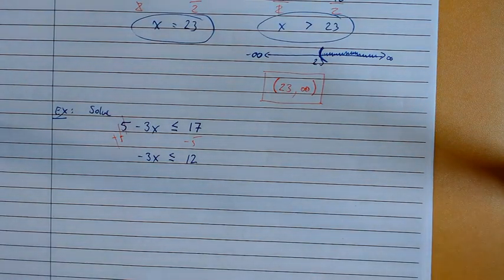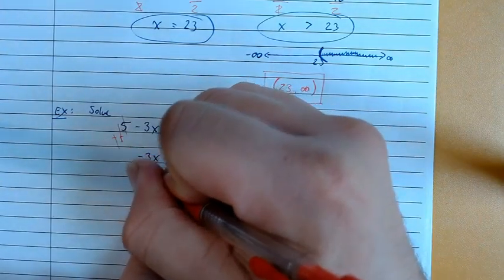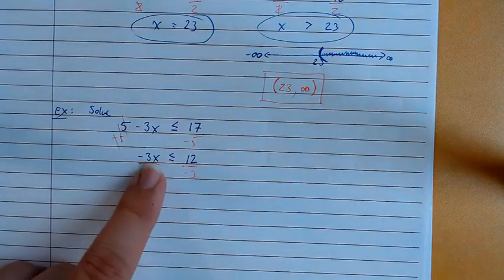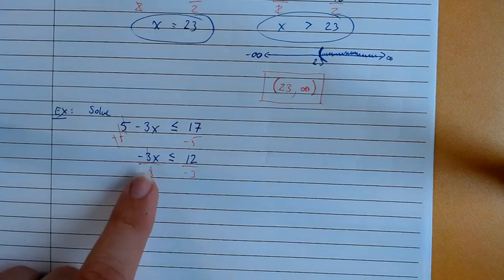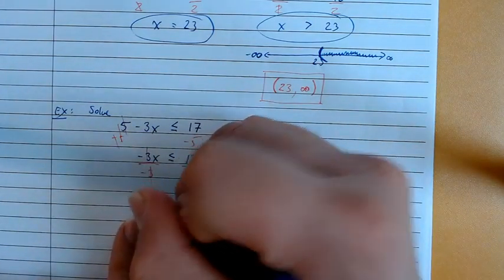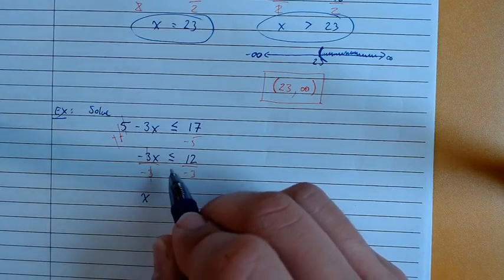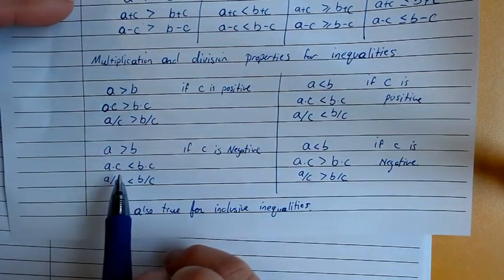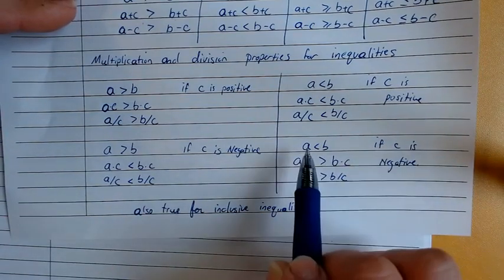Now I want to get rid of that negative 3 so that I can get that x by itself. So what I want to do now is divide both sides by a negative 3. That way, negative 3 divided by negative 3 is the number 1. That's what I want. I want 1x. But notice, I've divided by a negative. And from our properties that we see here, if you either multiply or divide by any negative number, your inequality will reverse.